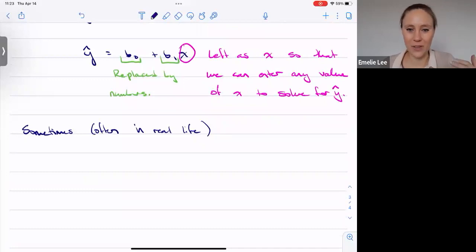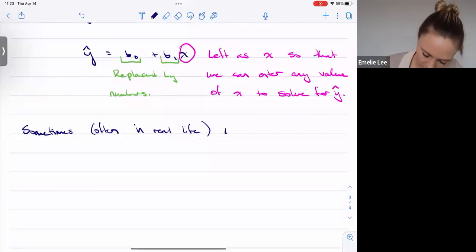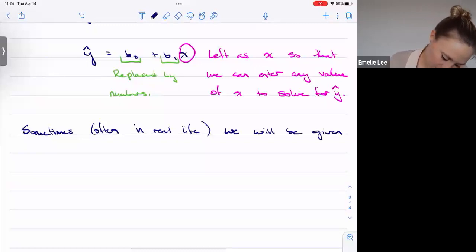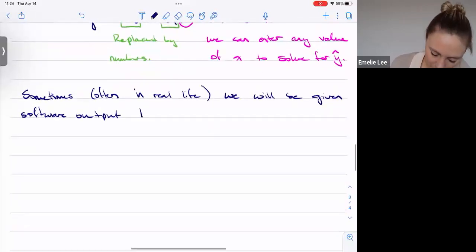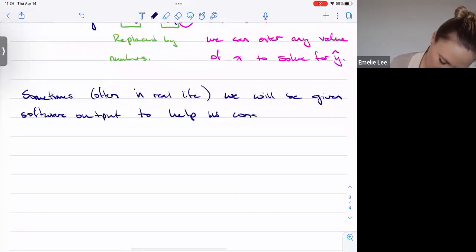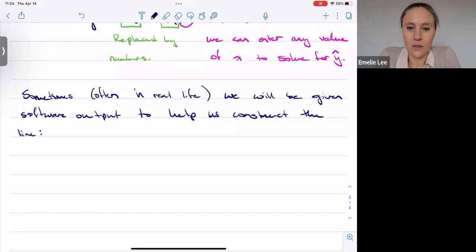We will be given software output to help us construct the line. Like I said, this is how it's going to be on the final: I give you some output and that lets you construct the line.